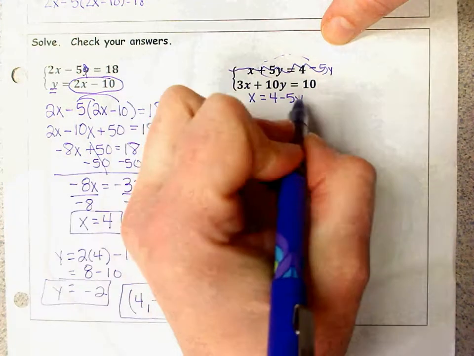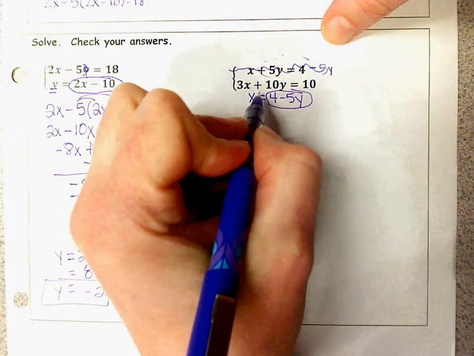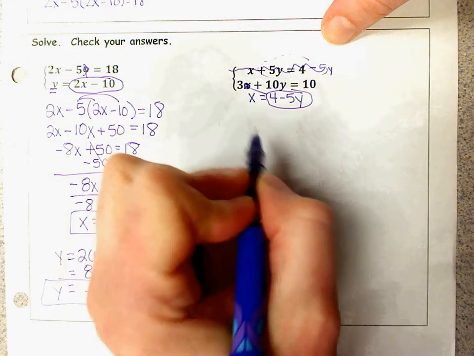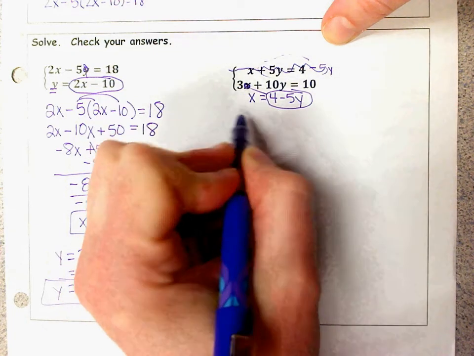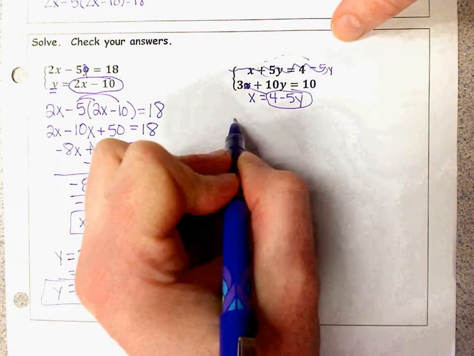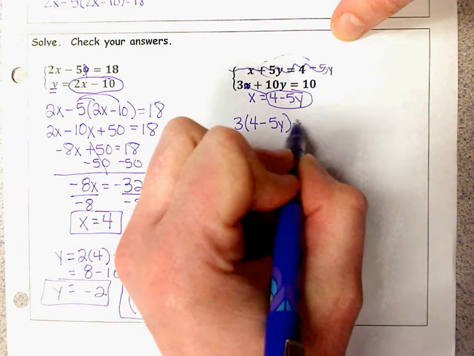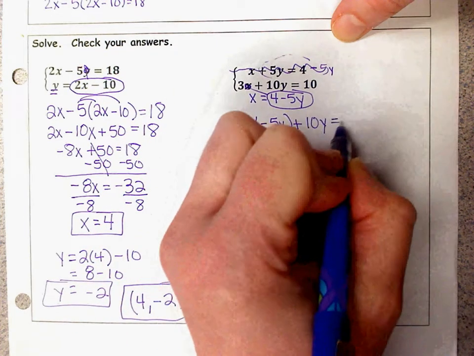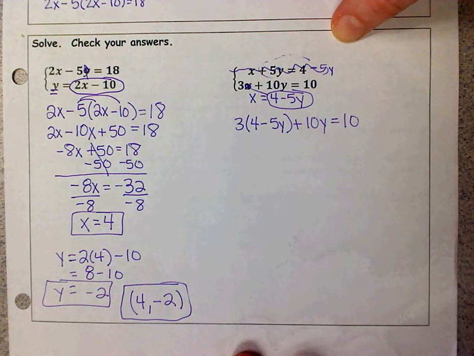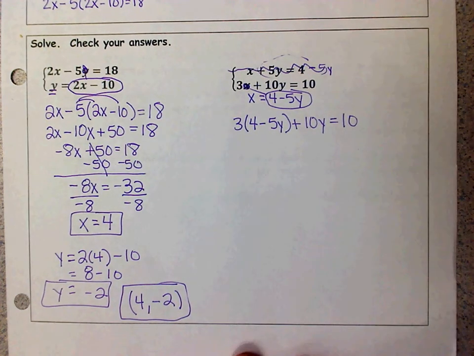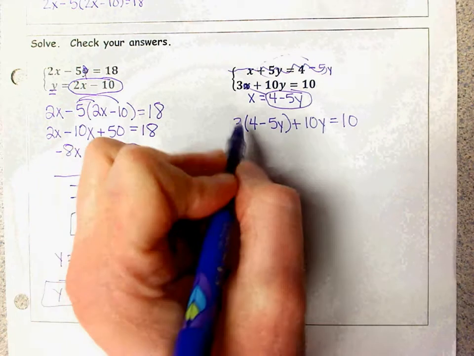Alright, so we're going to take this, what x equals, and we're going to substitute it in for x. And where I make my little blob, that's where I draw my parentheses and substitute in. Once you do that, distribute, combine like terms.